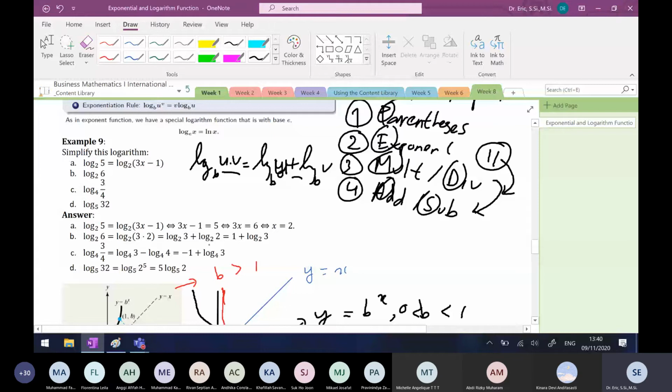But if you pay attention, why don't I write 3 plus 1 here, but I put the 1 plus in front of the logarithm? Do you have any idea why? Simon.